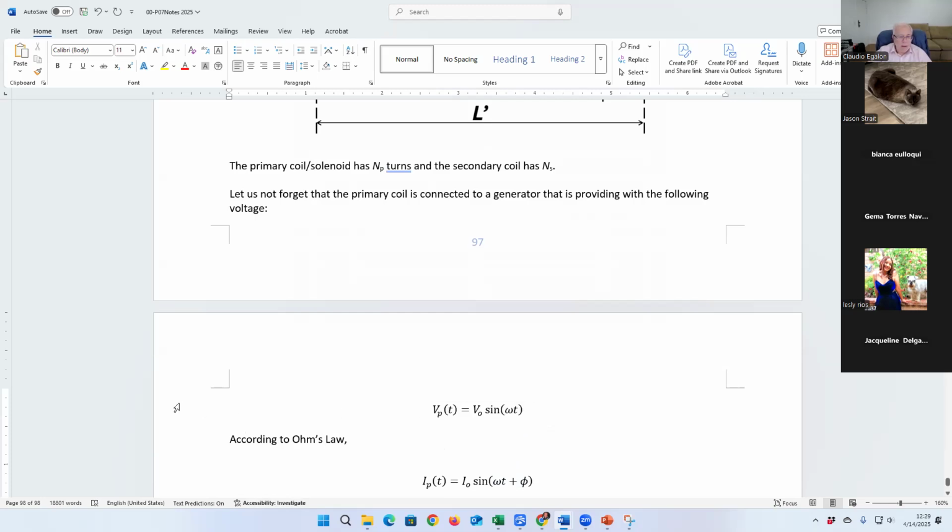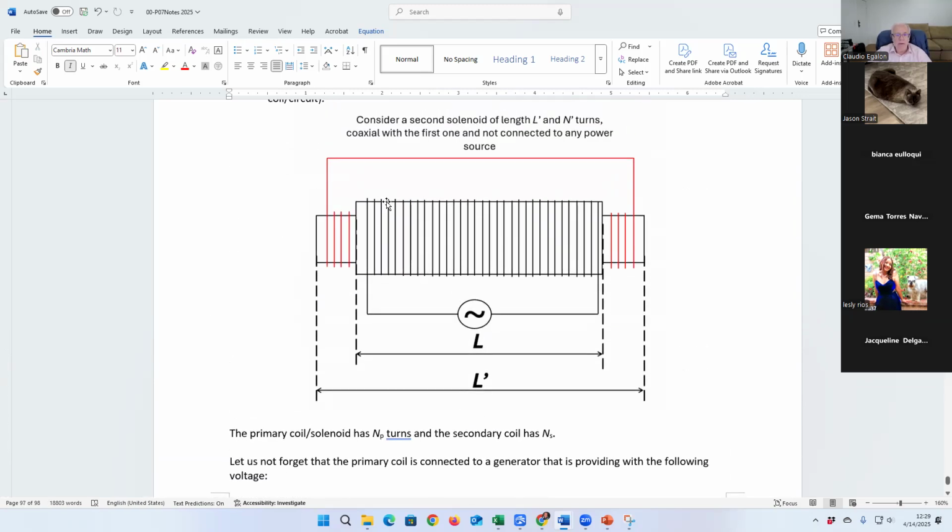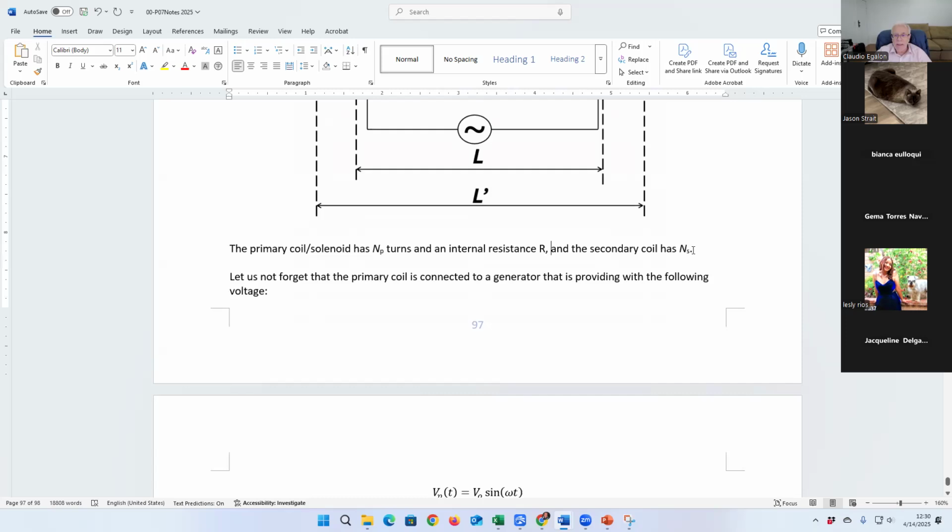We have that Vp is going to be equal to R i sub P, and the resistance is going to be R. I'm also stating that the primary coil solenoid has NP turns and internal resistance R, and the secondary coil has NS turns.